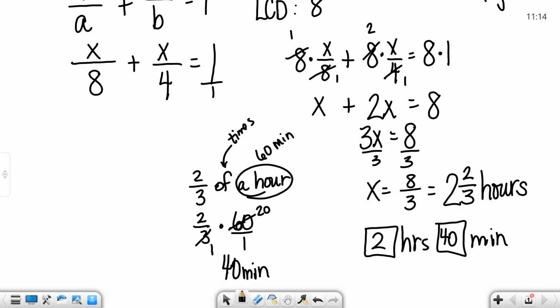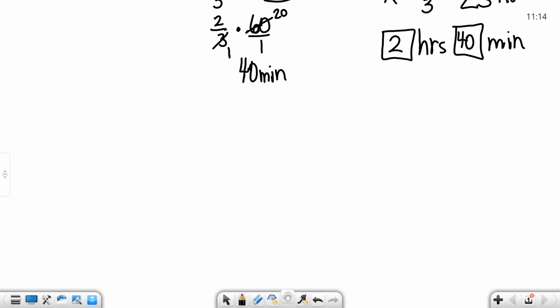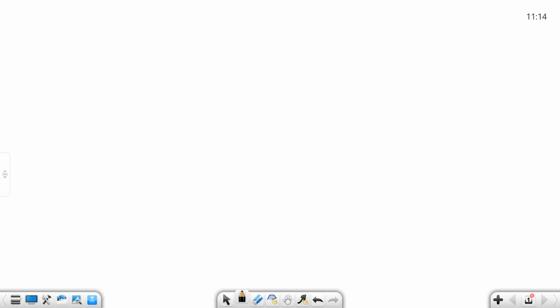Okay, one last type of problem would be something that doesn't have to do with motion or with work, and it doesn't have like a generic equation. All right, so let's say we had a problem that looked something like this.